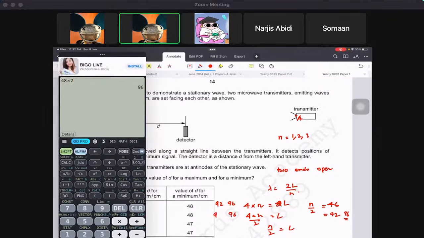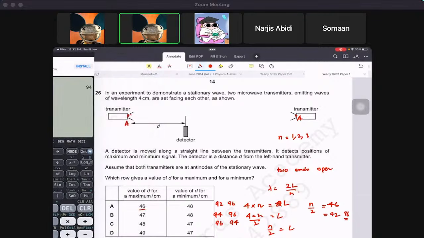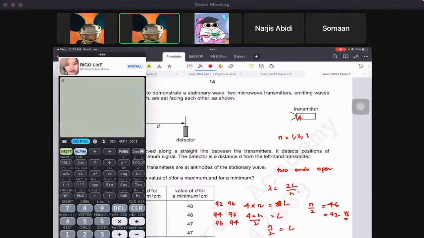Then 48 times 2 is 96, and 47 times 2 is 94. Now let's check, 49 times 2 is 98 and 47 is 94.